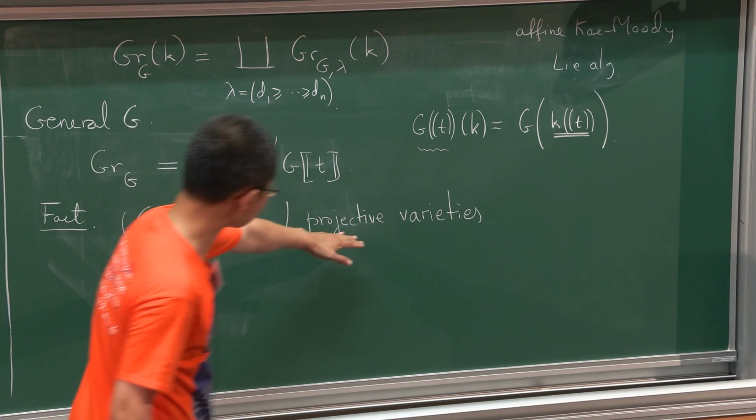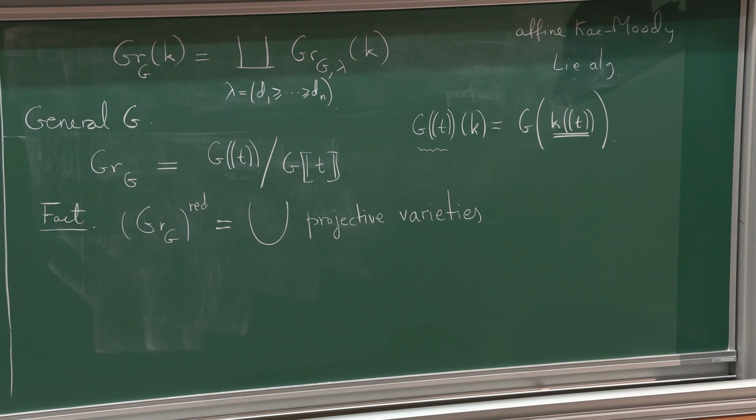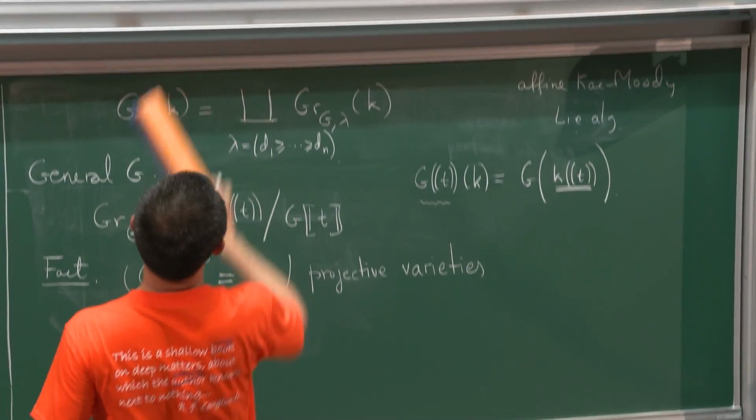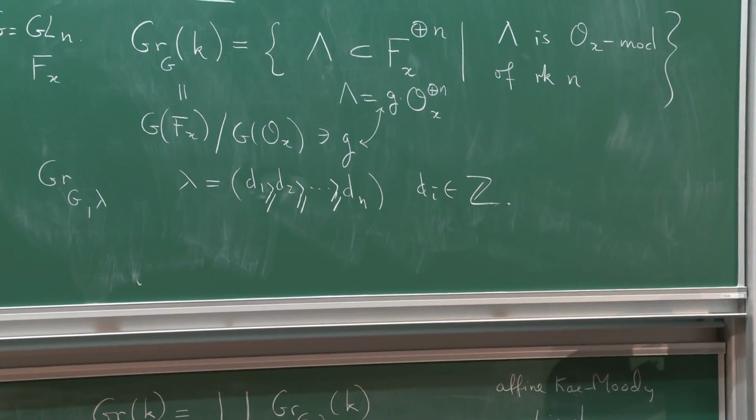But indeed, it's a union of projective varieties. And we can already see it from this GLN case.